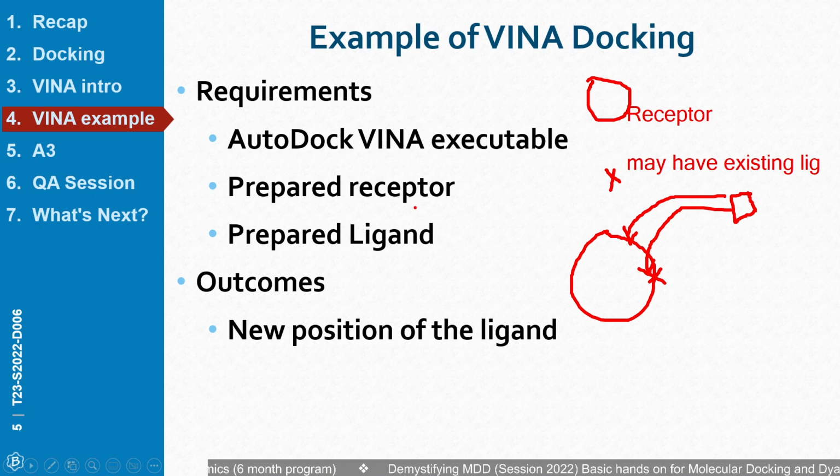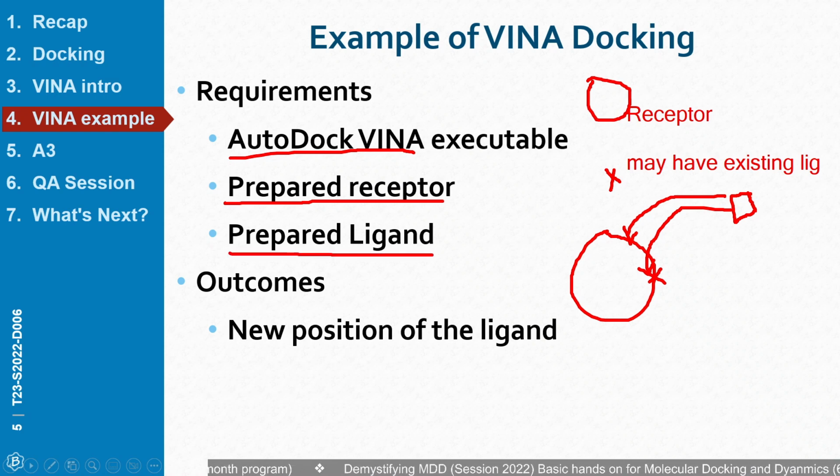So here we need Autodock Vina, which we have already downloaded. I will provide a prepared receptor and one prepared ligand. I am using the word prepared because the structures you get from the Protein Data Bank might be missing something, or they are not appropriate to be used with Autodock Vina, because different software have different requirements.